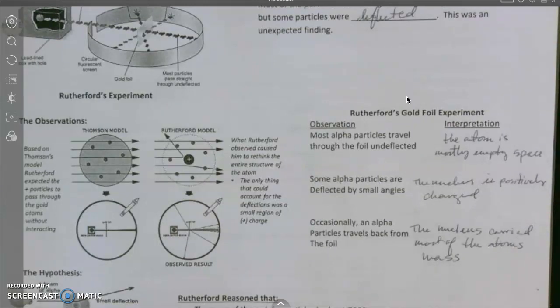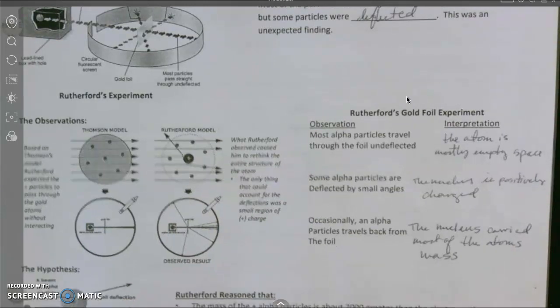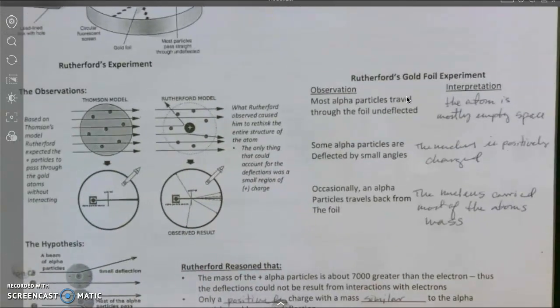Okay? And so he couldn't figure out this combination. He didn't know, first, am I going to have some interaction with this positive mass, but it's less dense than my alpha particle, so maybe my alpha particle will go through it. But then he saw most of them go through, but some of them were very much so deflected.